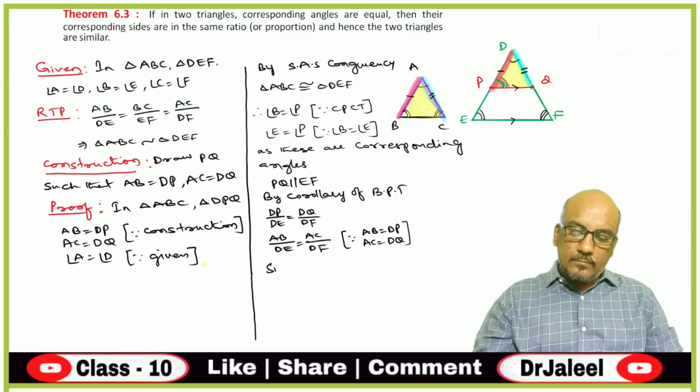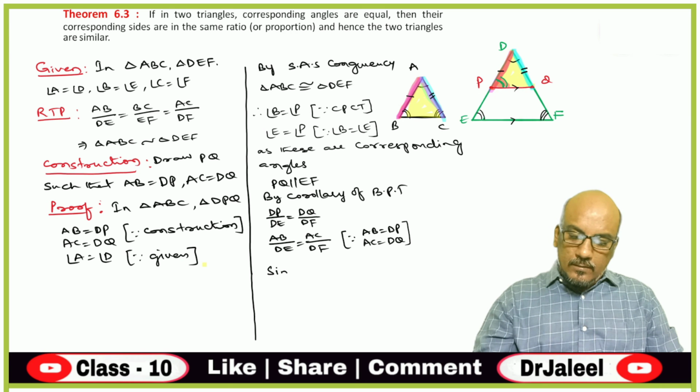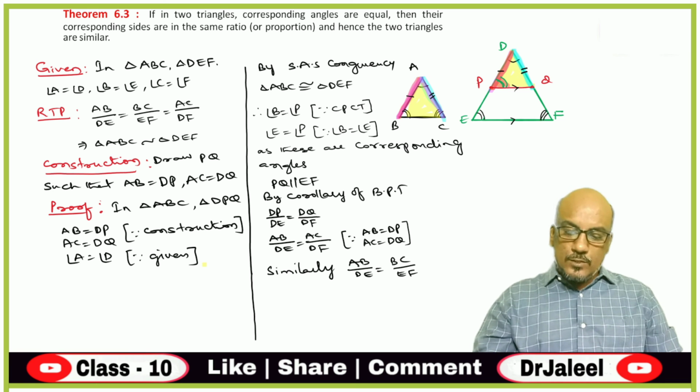We are going to write, similarly, we can prove that AB by DE is equal to BC by EF also. So thereby what can you say, beta?